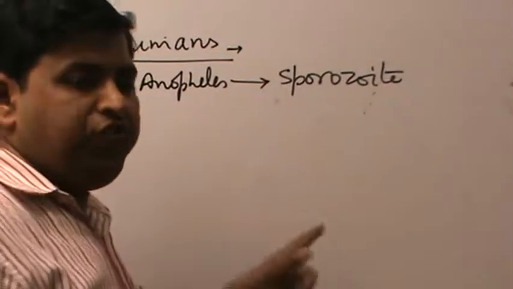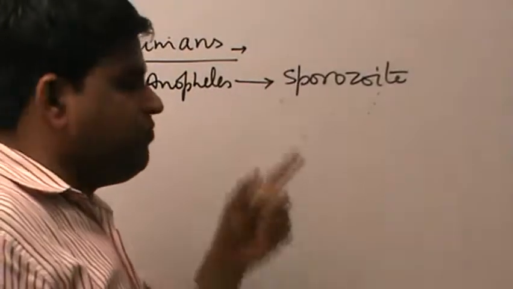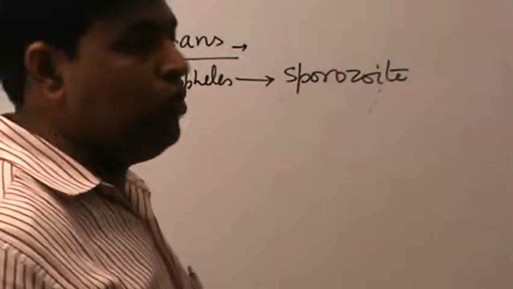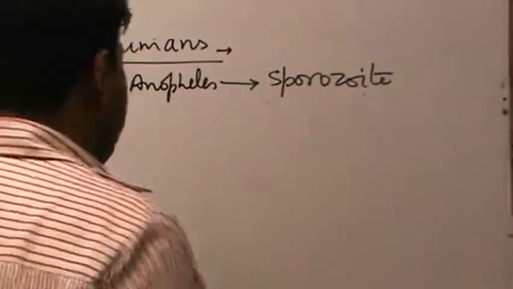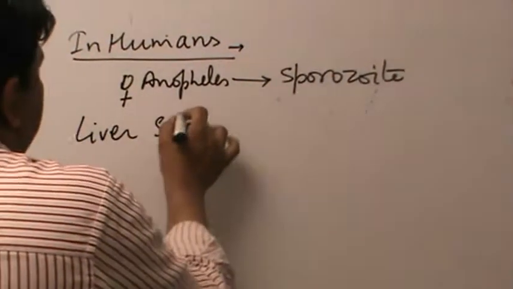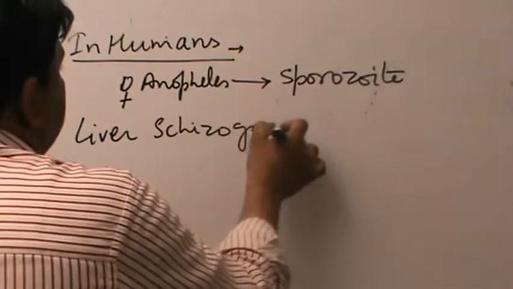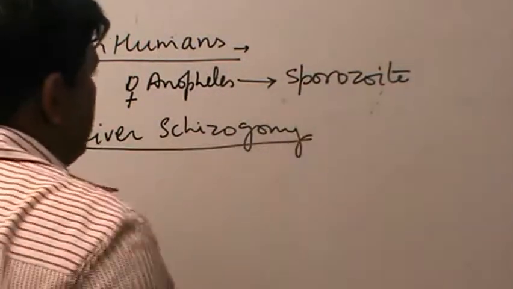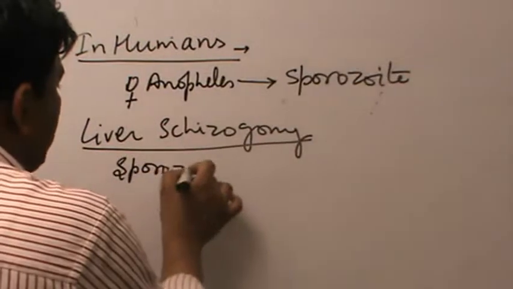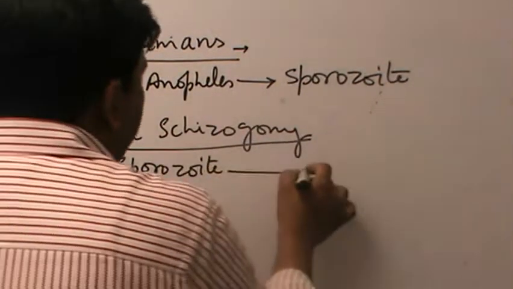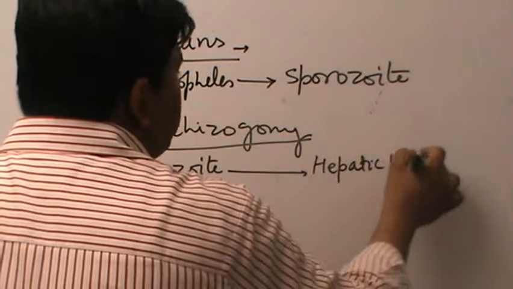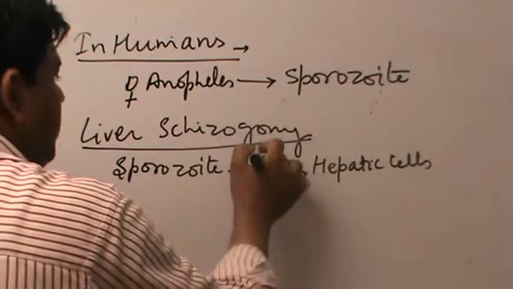But not every Anopheles; only those which have sporozoites in the salivary gland inoculate them into human beings. Then what will happen? Liver schizogony. The sporozoite will enter the hepatic cells, that is liver cells, within half an hour.